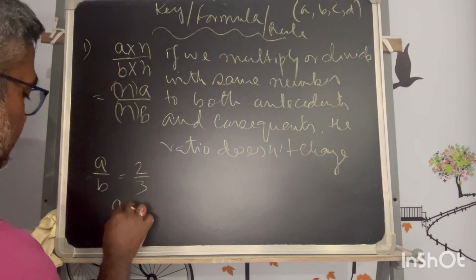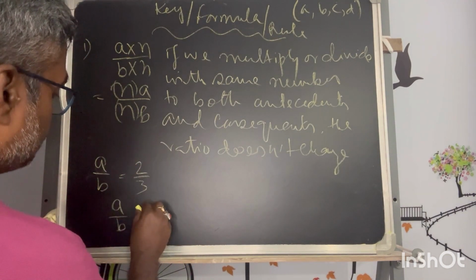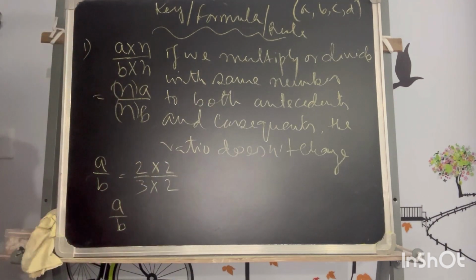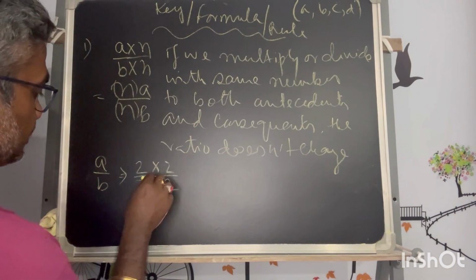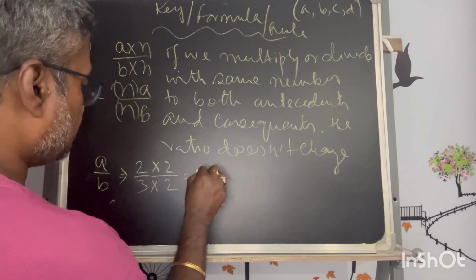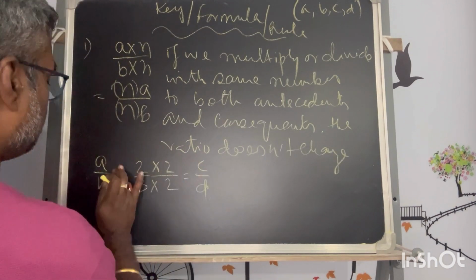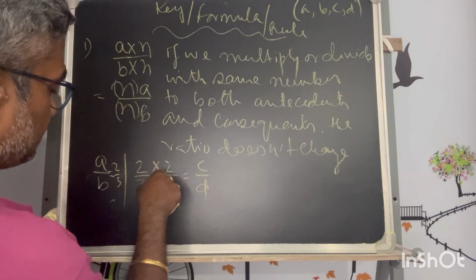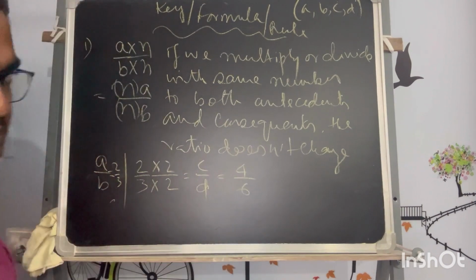Now if I multiply both the antecedent and consequent by 2, the new thing will not be the same. Let me call the new ratio c by d. Now this 2 by 3, when I multiply both by 2, becomes c by d, which is 4 by 6.